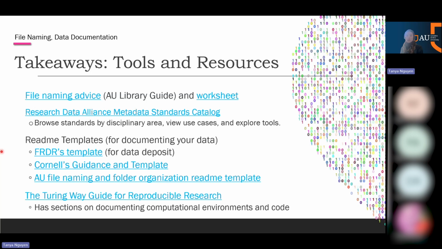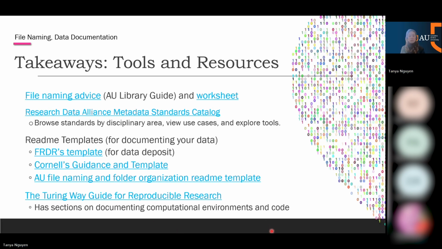So anyone that's doing computer sciences or other sciences, you would probably have a complex set of scripts and code and full-on computer environment, and you would use the README file to help document how you're setting up these computing environments. And this particular guide, the Turing Guide for Reproducible Research, has more details on how to document computational environments and code.